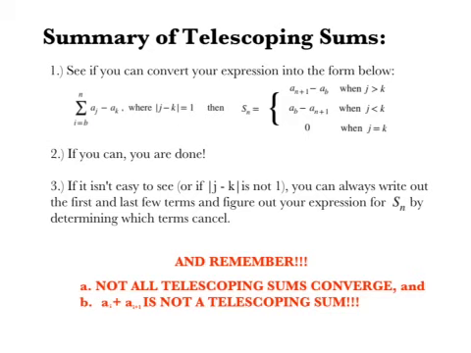If the absolute value of j minus k in our summation here is 1, that means that a sub j and a sub k are adjacent terms in a sequence, and that provides for an unbelievable amount of cancellation.